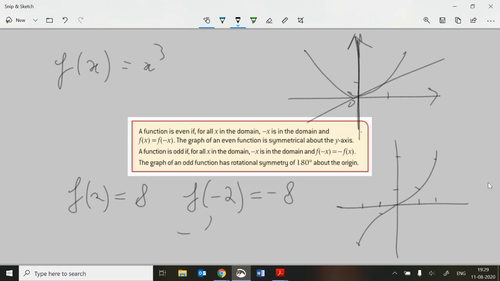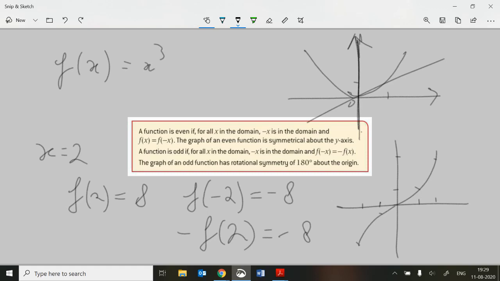And minus f of 2, because we're saying when x is equal to 2, f of minus 2 gives us minus 8, and minus f of x also gives us minus 8 because f of 2 gives us 8.